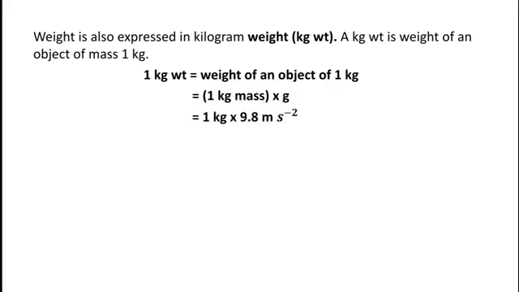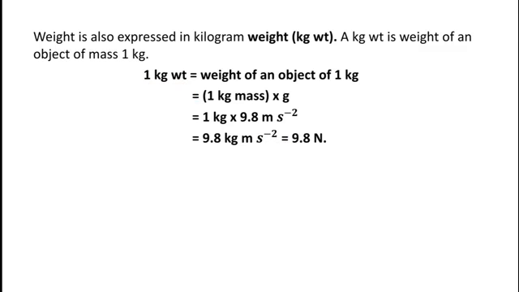Now 1 kilogram into g is replaced by 9.8 meter per second square, because you know the value of acceleration due to gravity on the surface of earth is 9.8 meter per second square. Again it is equals to 9.8 kilogram meter per second square, and kilogram meter per second square is also known as Newton. So we can say 1 kilogram weight is equals to 9.8 Newton.